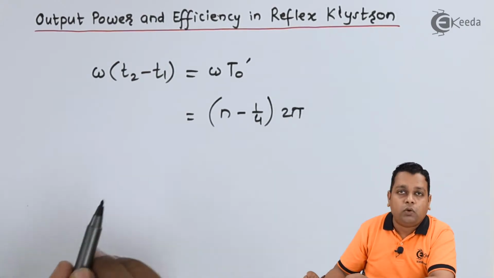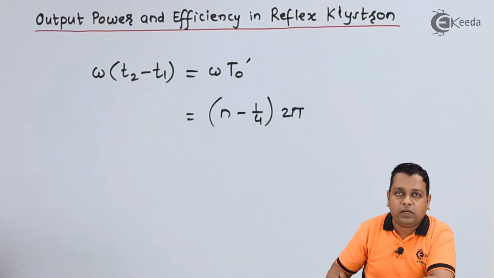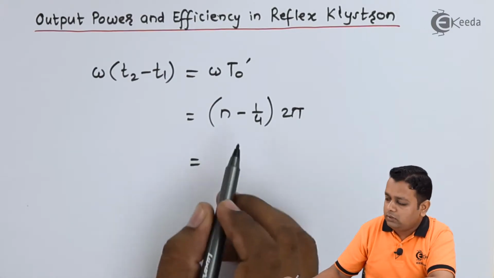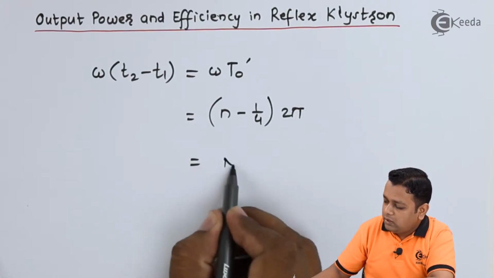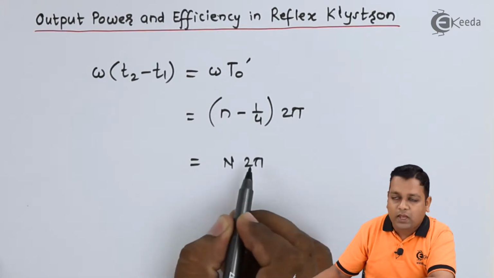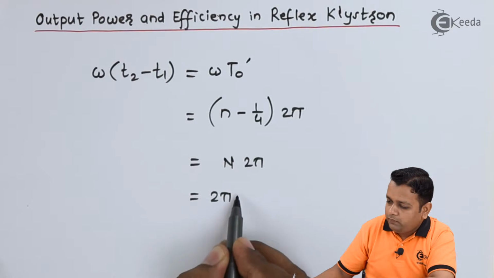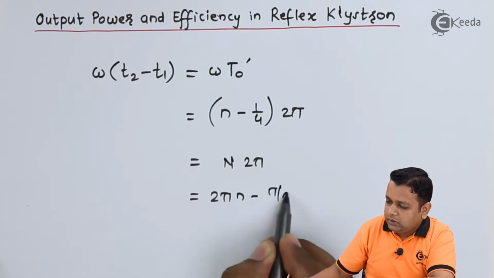This is the optimum cycles that has been taken in the repeller space, while the electron bunch is returning to the gap spacing. This can also be written for the bracket term. We can write capital N 2 pi as it is, or we can write it as 2 pi small n minus pi by 2.